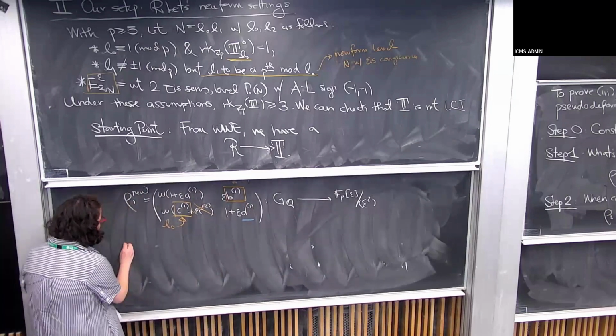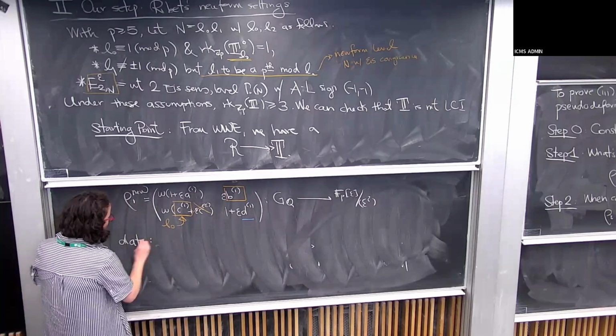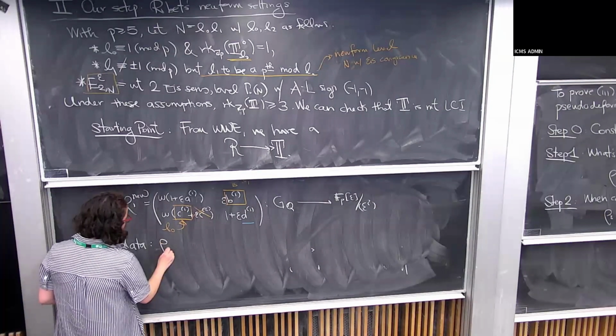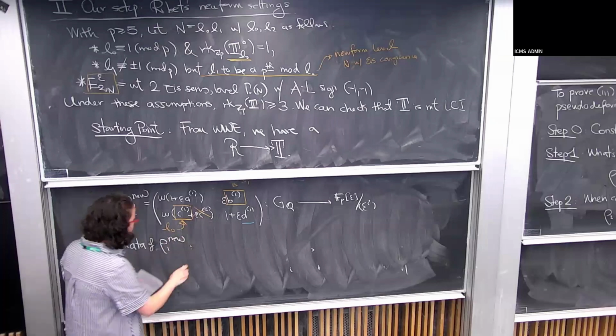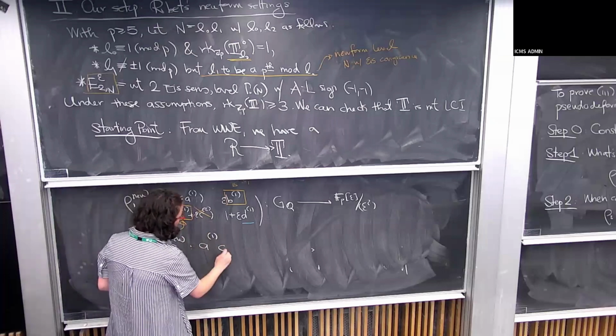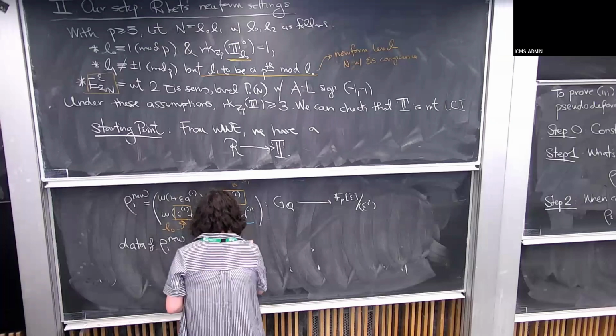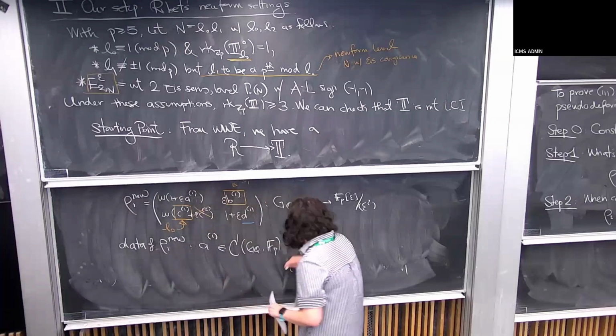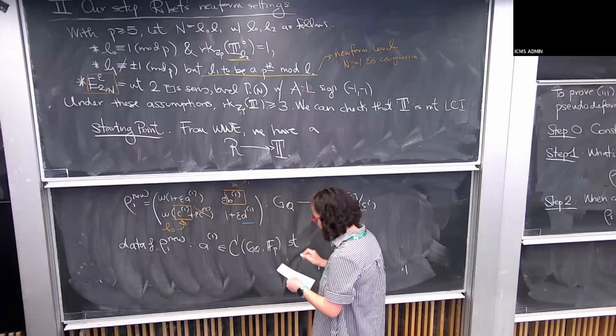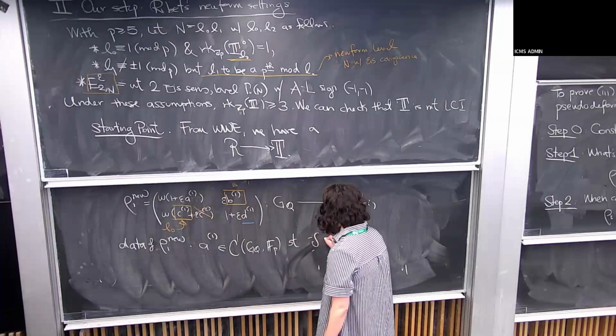What I want you to take away is that the data of rho 1 new is really this cochain A1, and it satisfies a boundary condition.